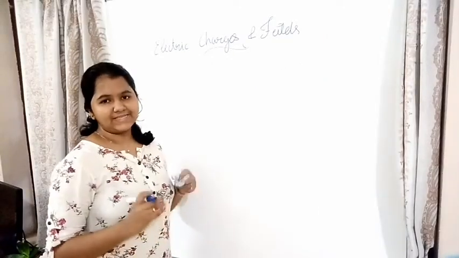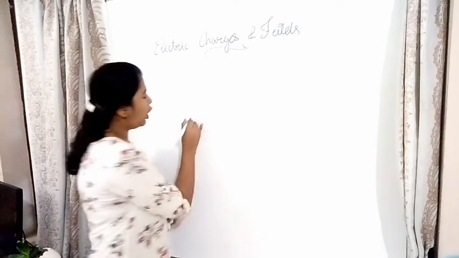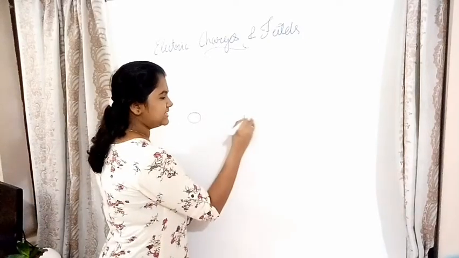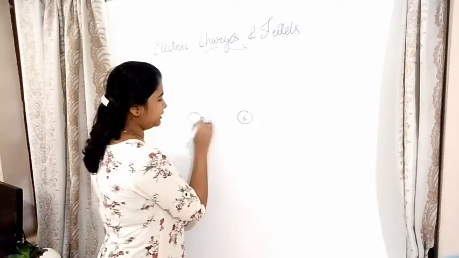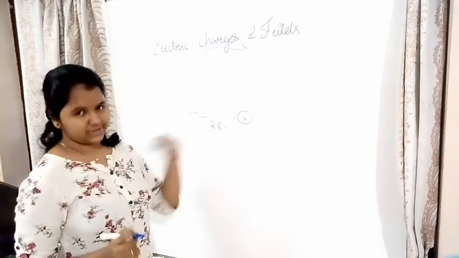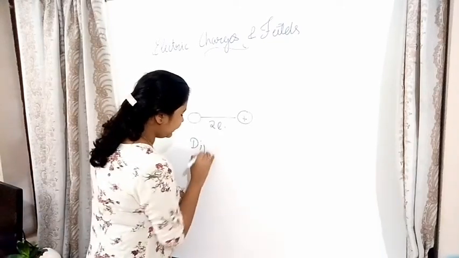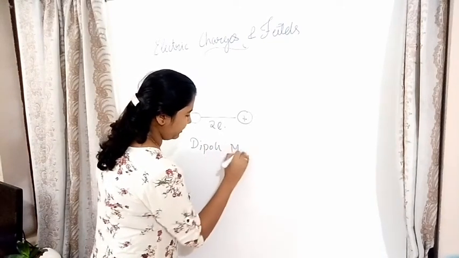So now we are going to discuss electric dipole. So what is an electric dipole? Two opposite charges kept at a distance of 2L. This is known as an electric dipole. So we have to learn the term dipole moment.